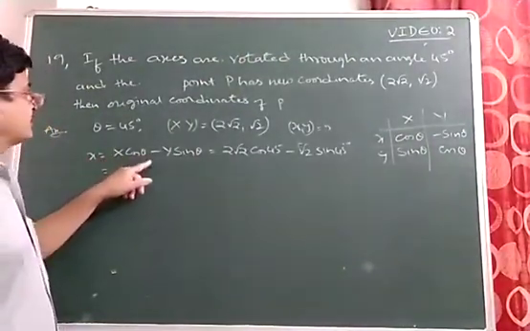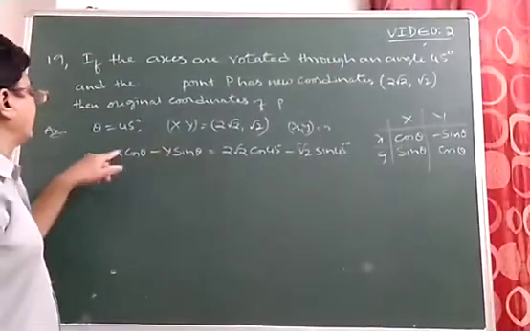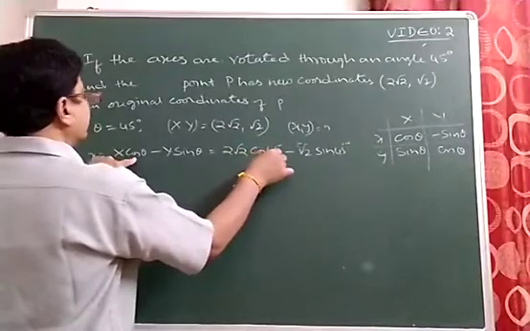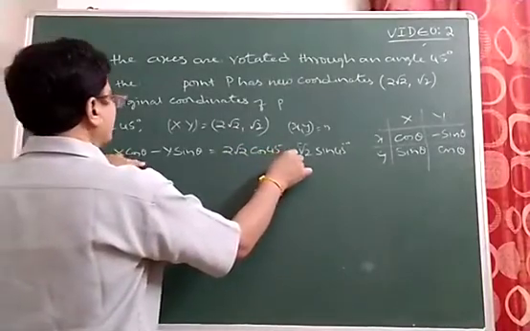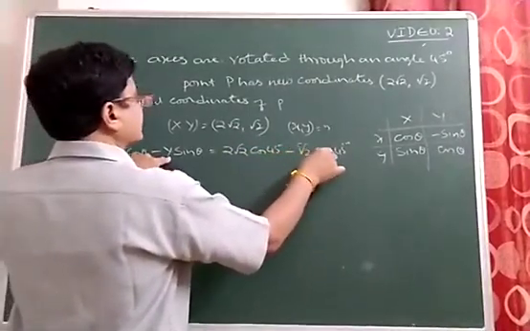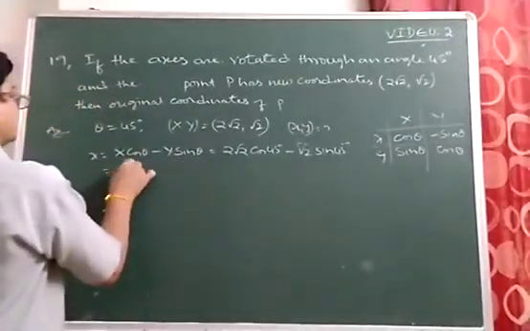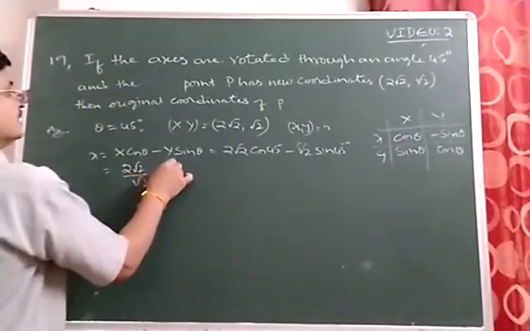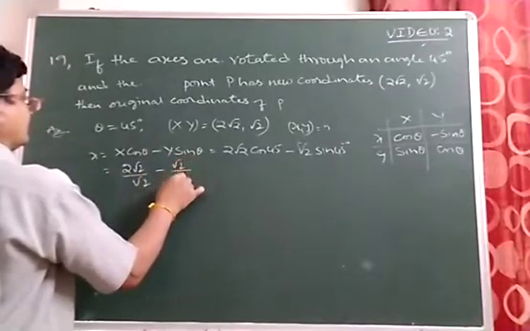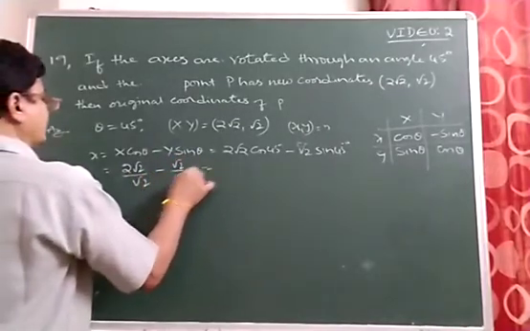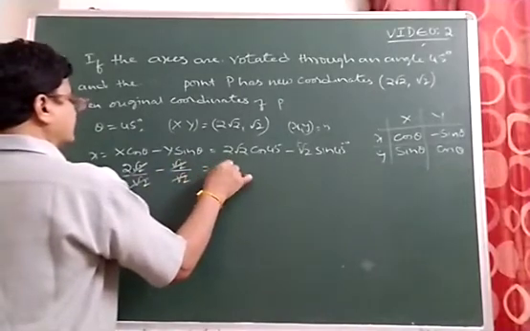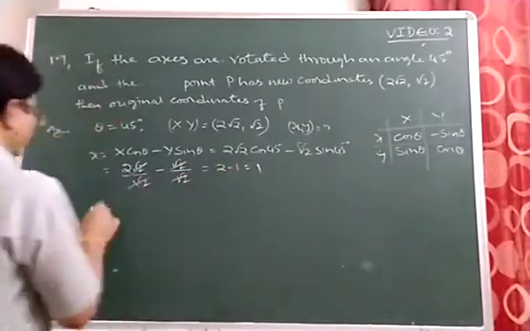Small x is equal to capital X cos theta minus capital Y sin theta, where capital X is 2 root 2, and cos theta is cos 45, minus Y means root 2 into sin 45. So that is 2 root 2 into cos 45 is 1 by root 2, minus root 2 into sin 45 is also 1 by root 2. So that is equal to 2 minus 1, which is 1.